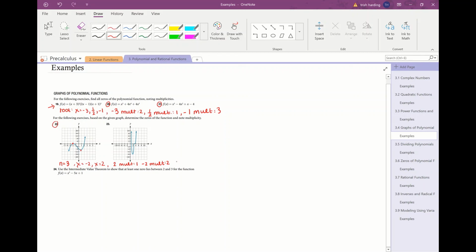So my guess is if I were going to build something like this, it would be x plus 2 squared, x minus 2. And that is only because I have to switch these around. So notice that the -2 becomes the +2, and that's the one with the multiplicity.